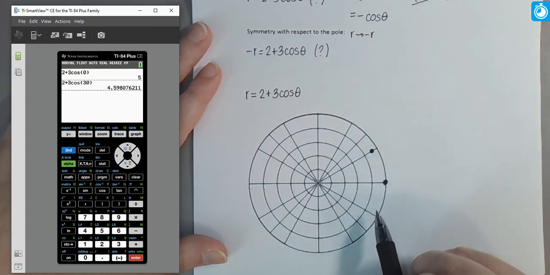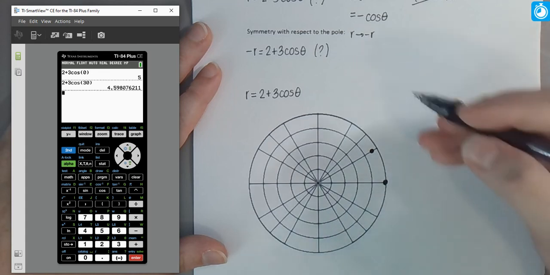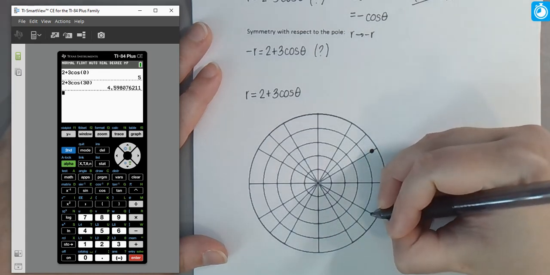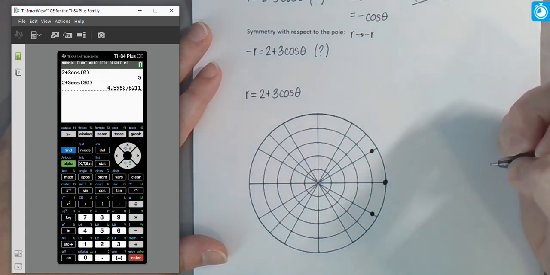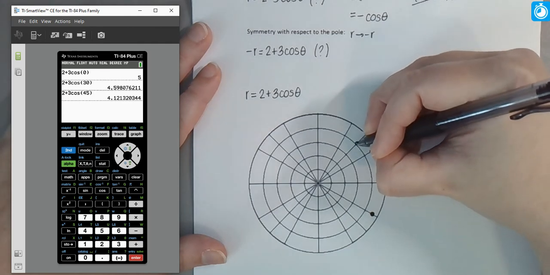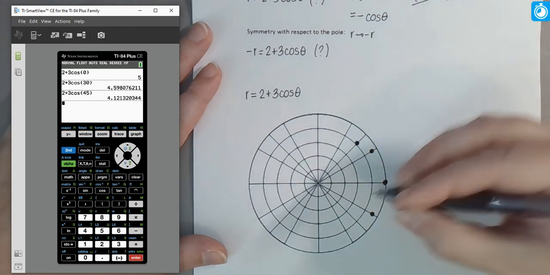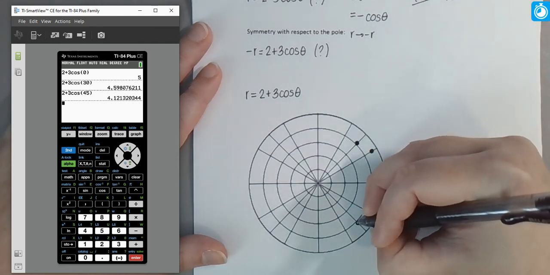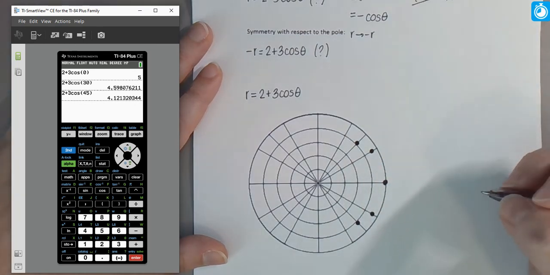So if we reflect this across the polar axis, we're going to have a matching point right here, equidistant below the axis. Okay, now 45. So 2 plus 3 times the cosine of 45 degrees, about 4.1. So about here. And again, a matching point on the other side of the polar axis.